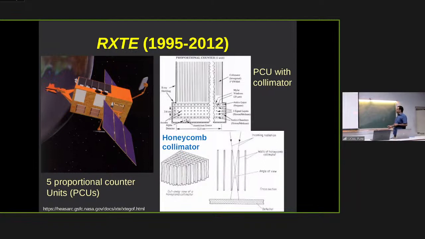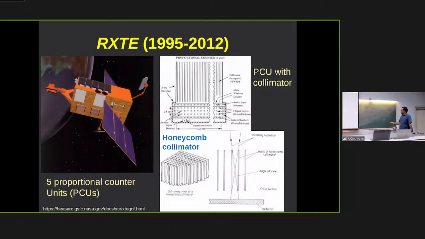So what is a collimator? A collimator essentially collimates the X-rays, so it limits the region of the sky from which X-rays actually come and are detected by the detector. X-rays coming from far away from the pointing direction cannot reach the detector volume. That is the role of this collimator. And one kind of collimator, the honeycomb collimator, works like this. These are metal plates.